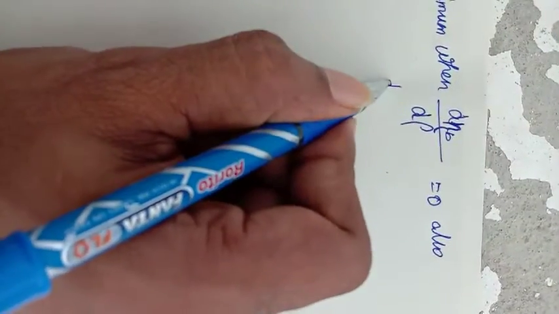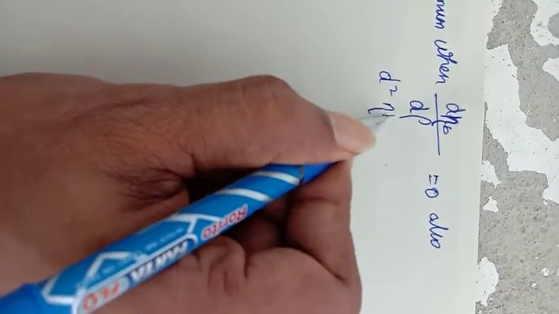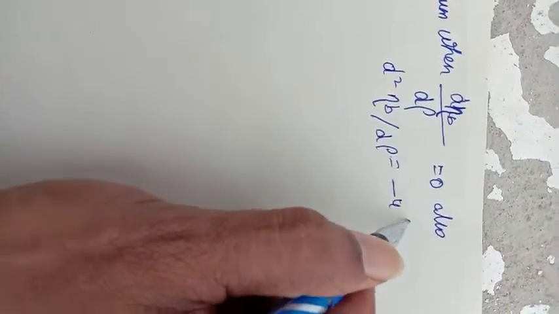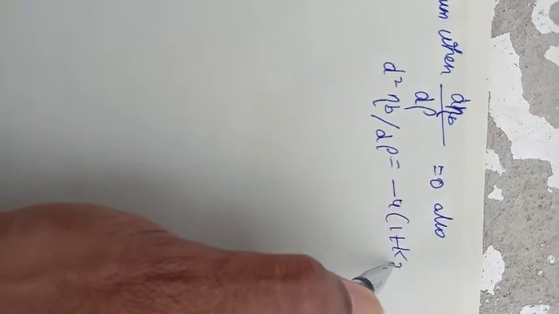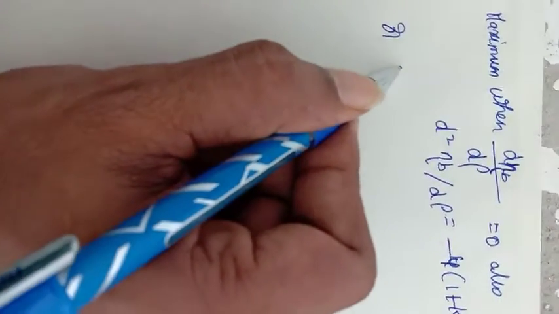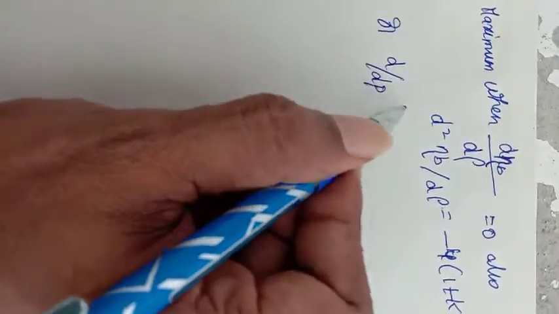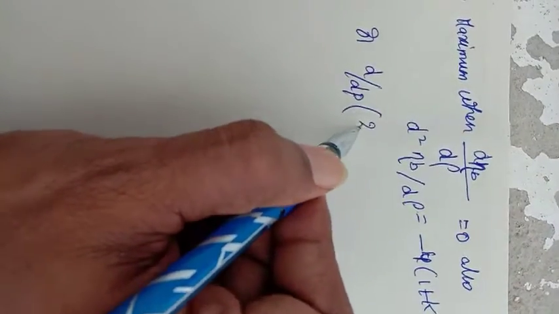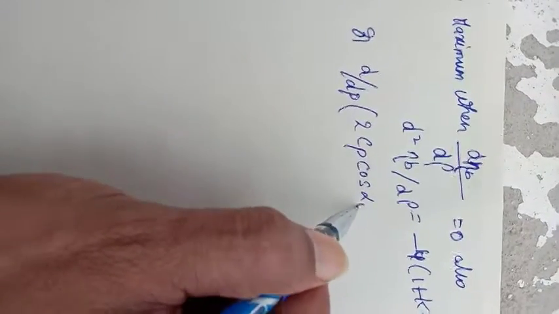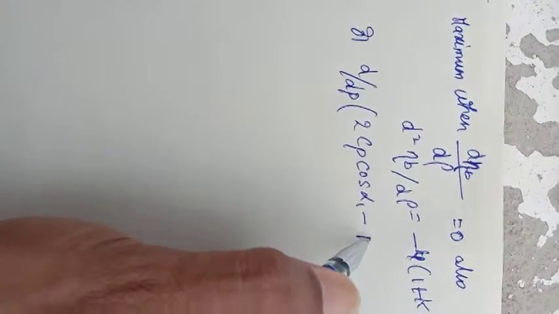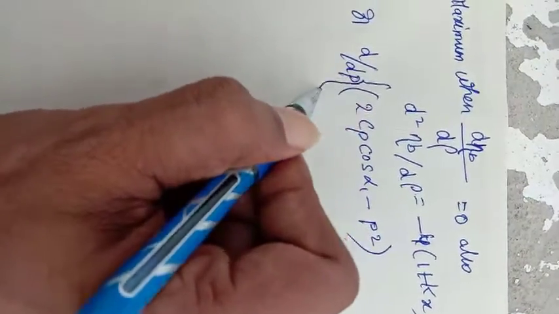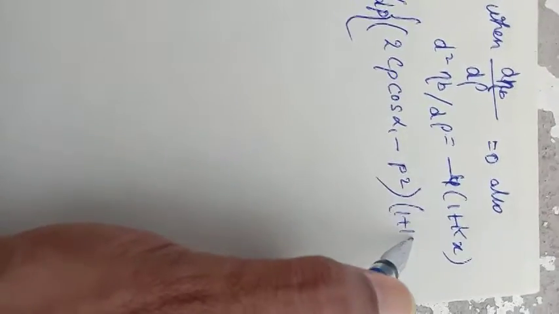Also the second derivative d square of efficiency of blade by d rho square is negative, which is written for this equation. Or you can write dou by dou rho of 2 into rho cos alpha 1 minus rho square into 1 plus kc.